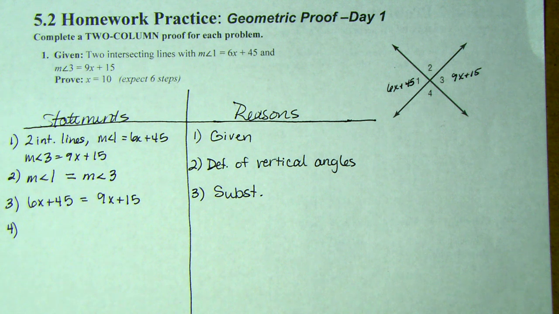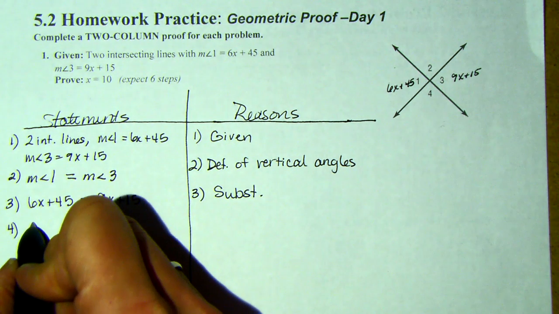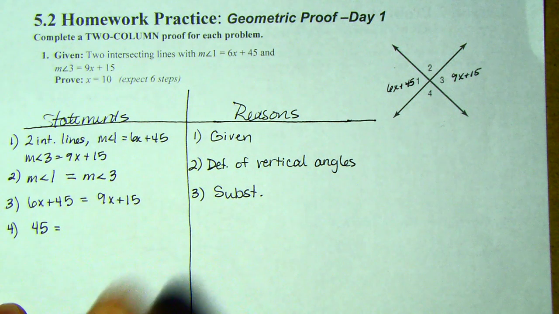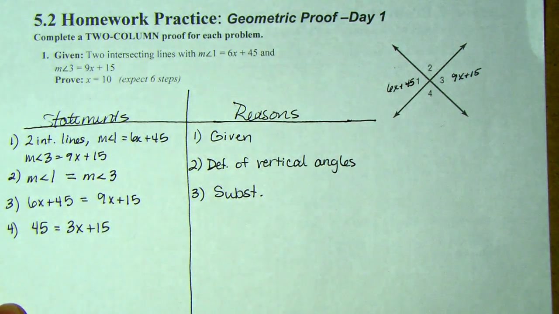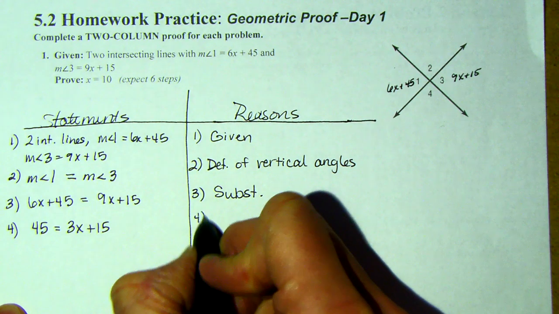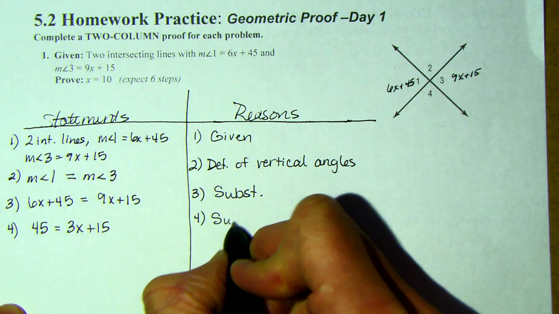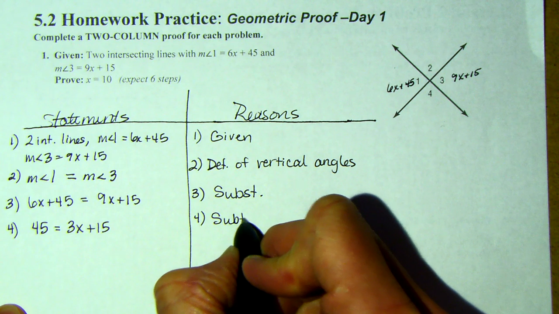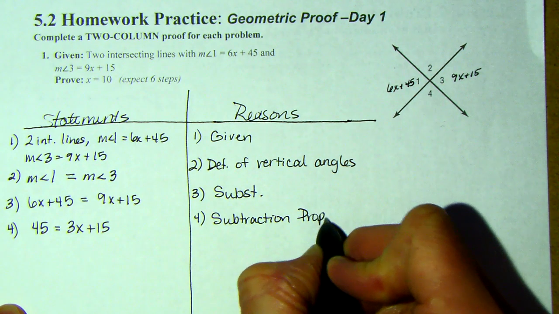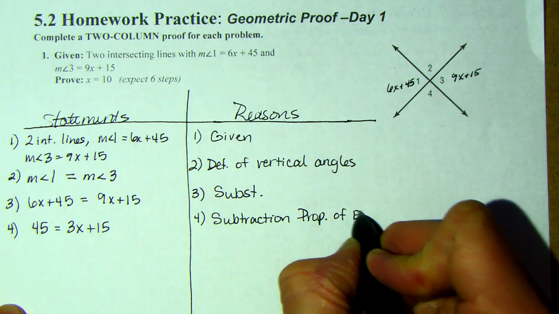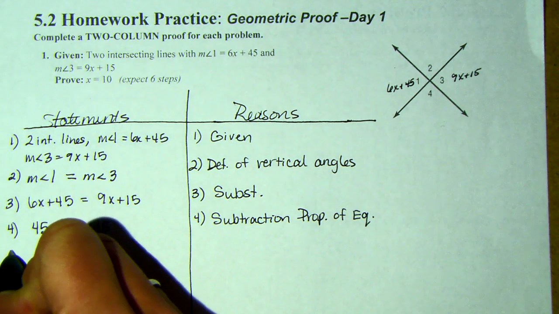Okay, so if I subtracted 6x from both sides, I'd get 45 over here and 3x plus 15 over here. So that would be the subtraction property of equality. Very good.